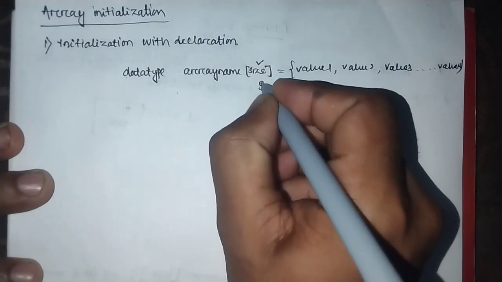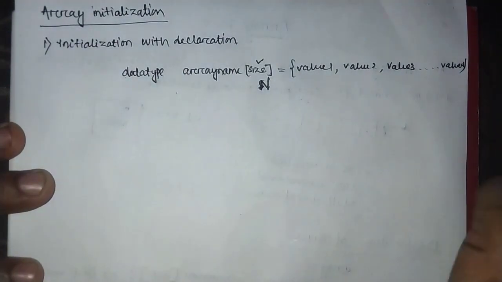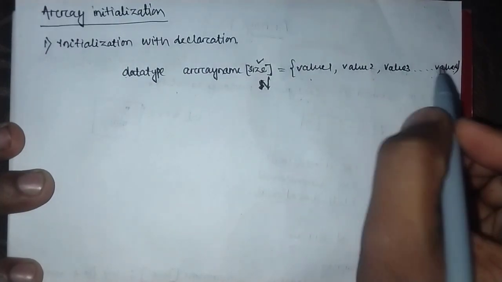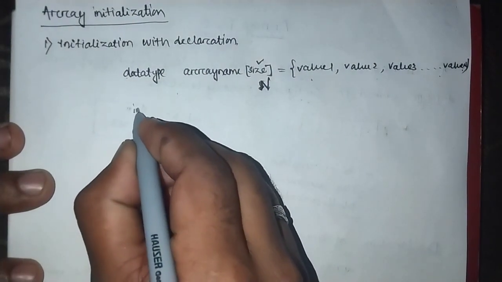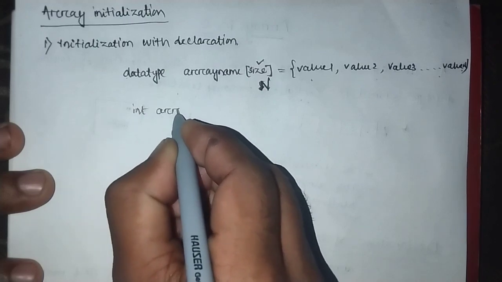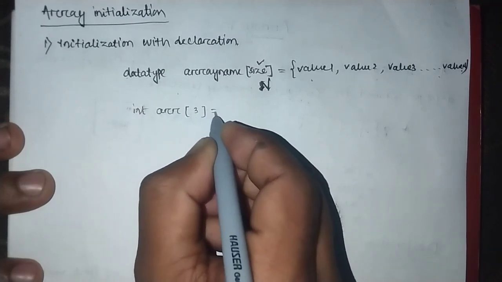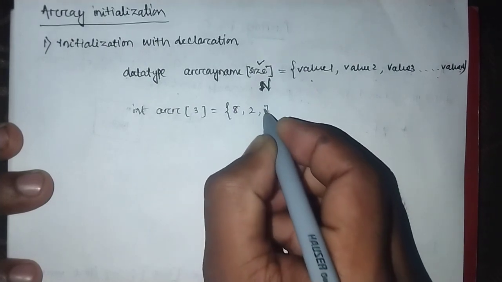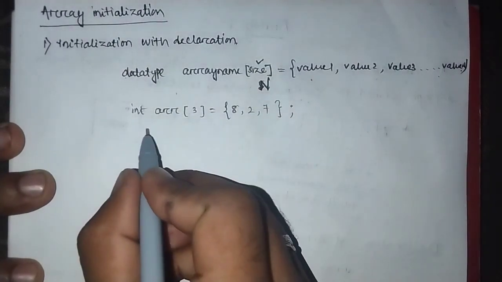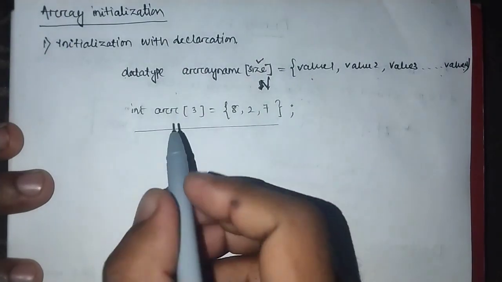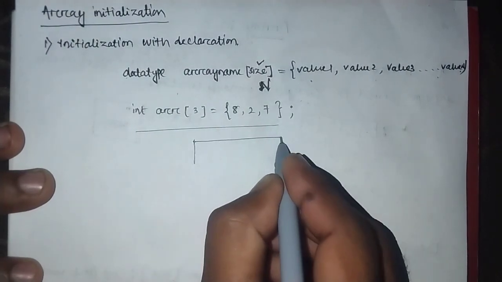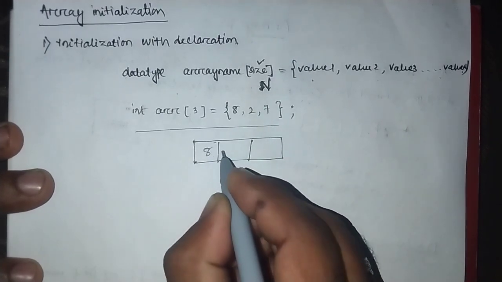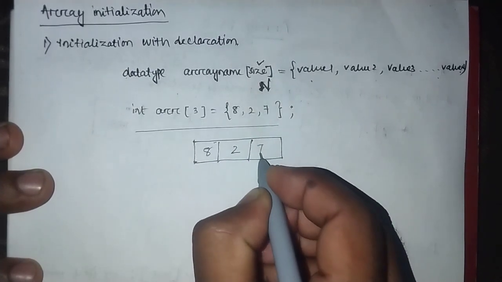If the size is n, continue up to value n. For example, int arr[3] = {8, 2, 7}. This is the example. In memory we create an array of size 3. The first is 8, the second is 2, the third is 7.